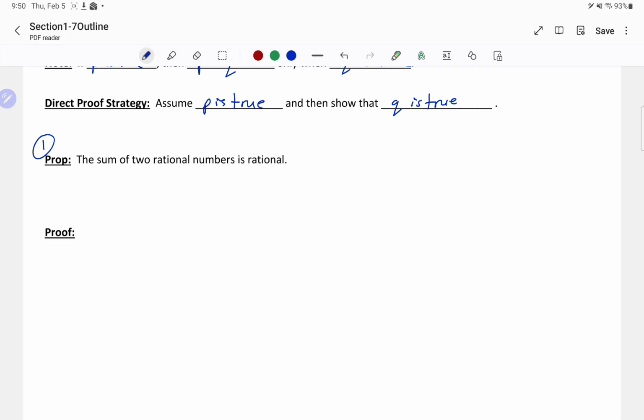The first thing that we need to do is understand what conditional statement this is communicating. How can we restate this equivalently as a conditional statement?